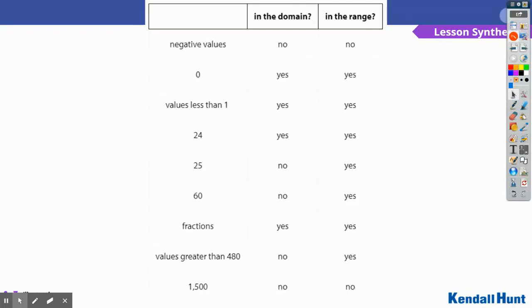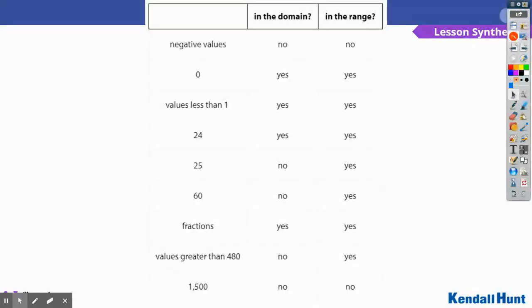Same thing with 1500. Our range is our output value. So it's the number of minutes that you've slept in the 24-hour period. And so we can't have negative values. We can't have 0 because the person over 24 hours slept 0 minutes. Values less than 1, sure. 24, yes. 25, well, can they sleep 25 minutes in a 24-hour period?